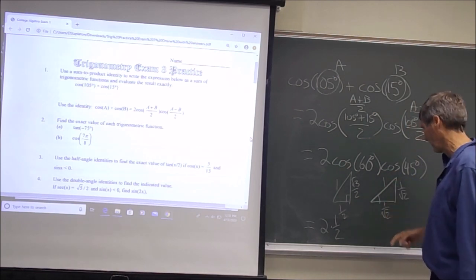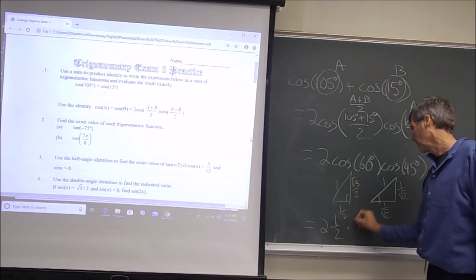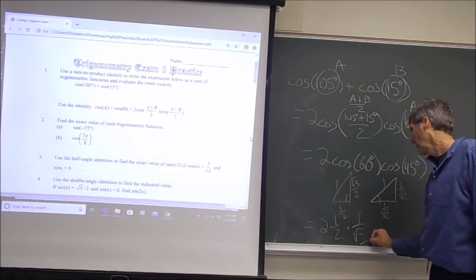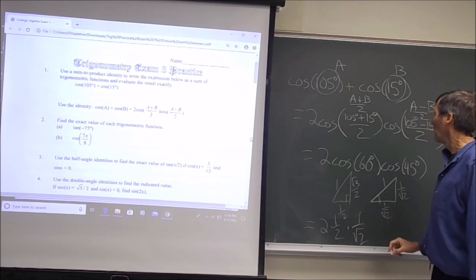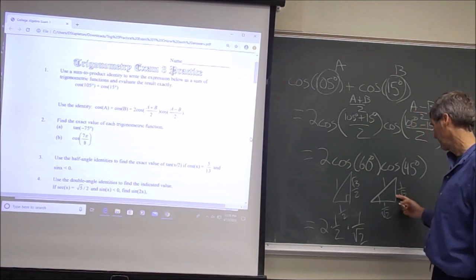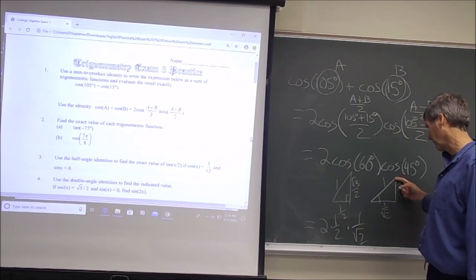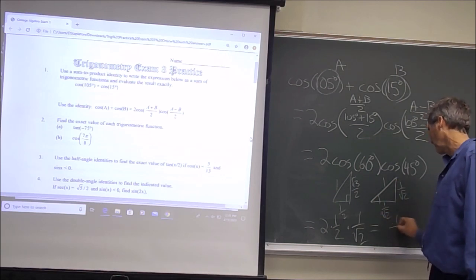Or you can write these as square root 2 over 2. This one over this one is 1 over square root 2. So this side over this side gives us 1 over square root 2.